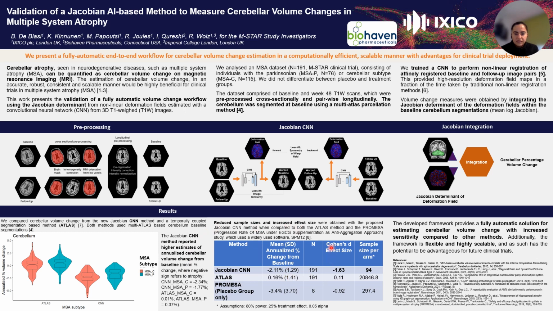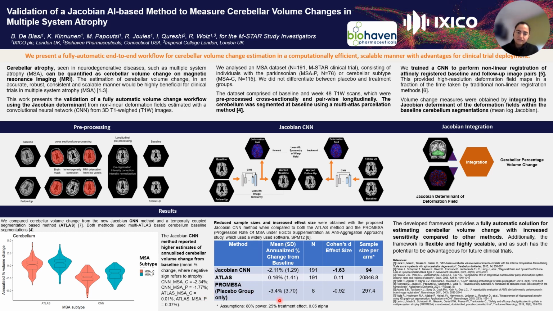The table in the middle shows, across both the MSAC and the MSAP subtype, the mean annualized change from baseline, which is about 2% for the Jacobian method and about 0 for the atlas-based method, and also compares it against the literature using the data reported for the PROMESA trial, the placebo group only.